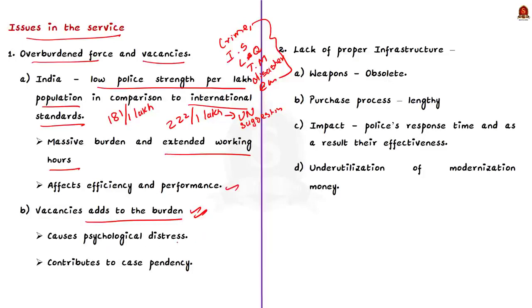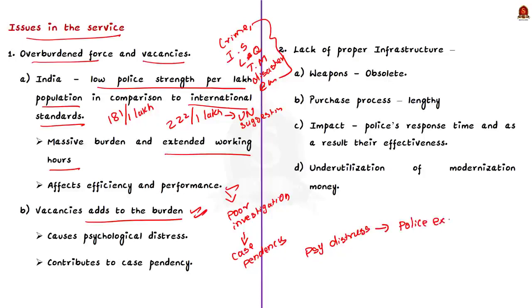This leads to poor investigation quality. The overburdened workforce coupled with ineffective investigation leads to increased case pendency. In addition to this, excessive burden also causes psychological distress to police personnel. This psychological distress is leading to police excess. Okay, it also leads to alcoholism and other negative impacts among the police personnel.